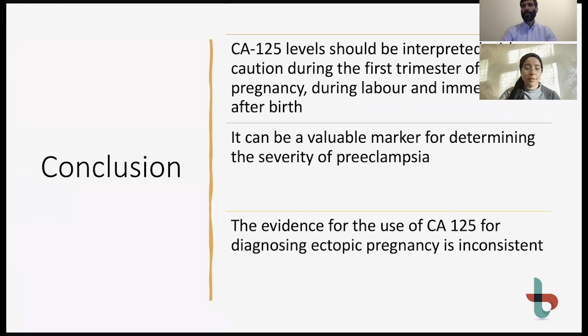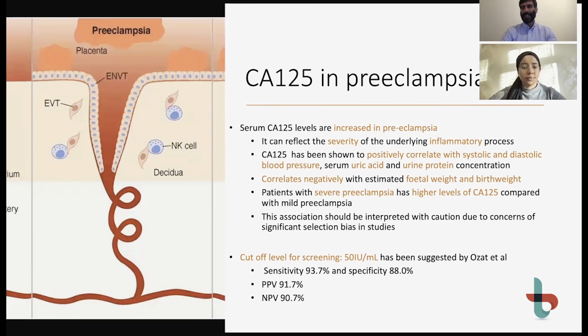What we know is that it is not standard practice, at least in the UK, to use CA125 as a marker to predict severity of preeclampsia. We are just here to discuss different roles of CA125 in order to expand our knowledge about this interesting molecule, because most of the time when we talk about CA125 as gynecologists, we associate it automatically with ovarian cancer.